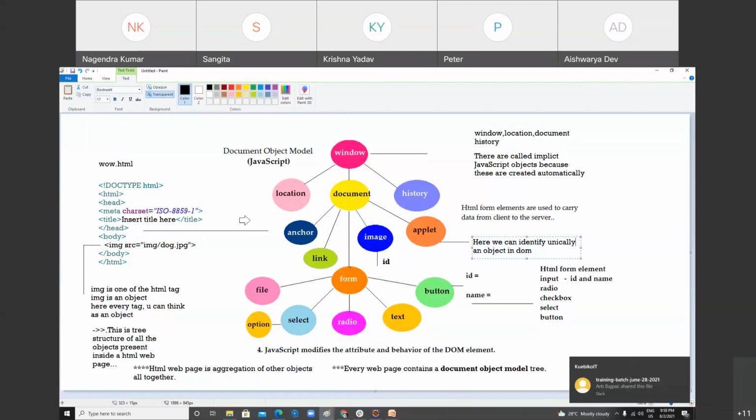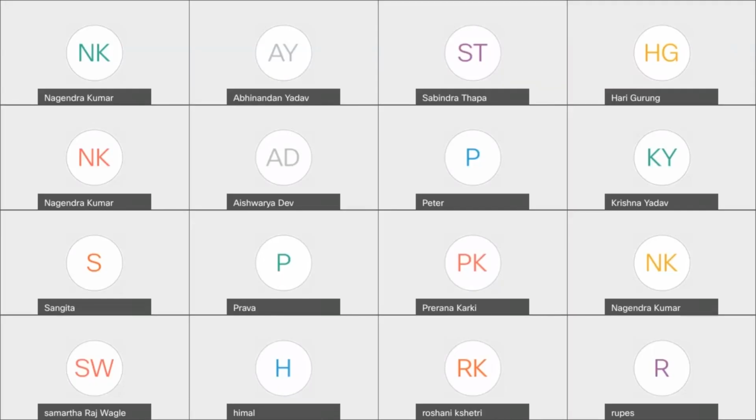What can you uniquely identify? Can you consider a name as an ID? No, no. A name can be duplicated, and normally we use name for the server side.